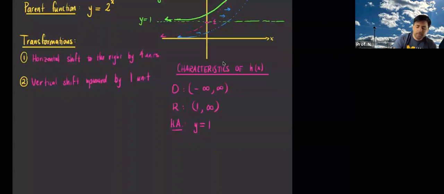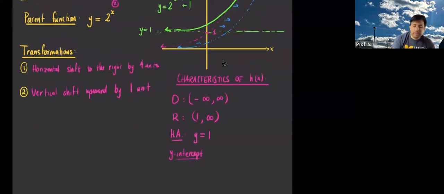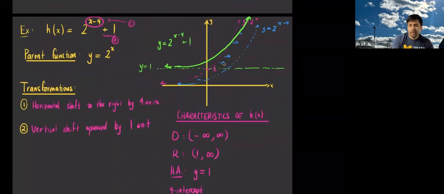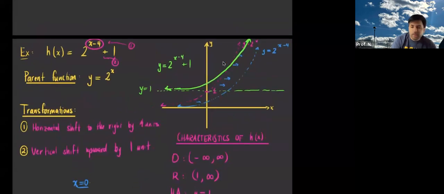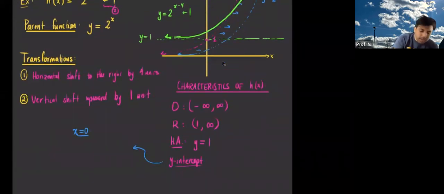What's the y-intercept? So this is going to be an interesting one. How do you figure out the y-intercept? X equals 0. That's right. So I want to say x equals 0, but I'm plugging into what function? H. So what's h of 0?